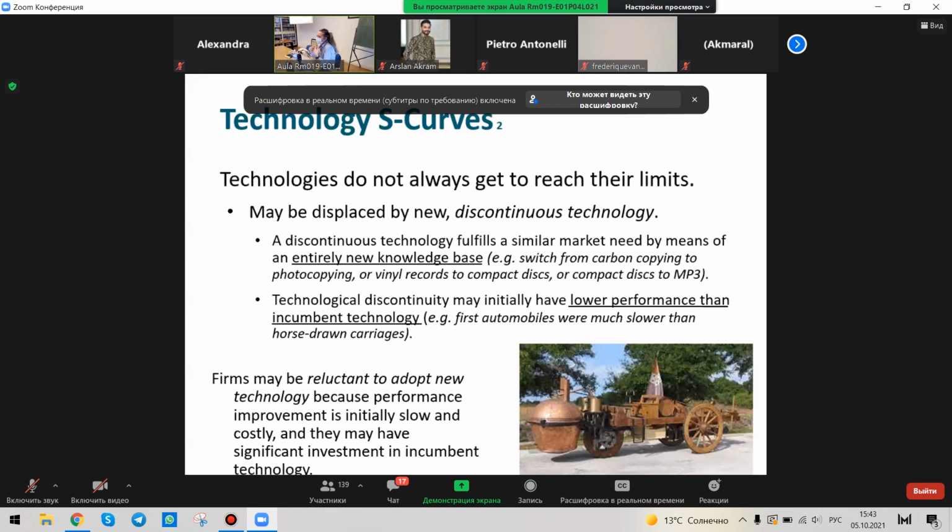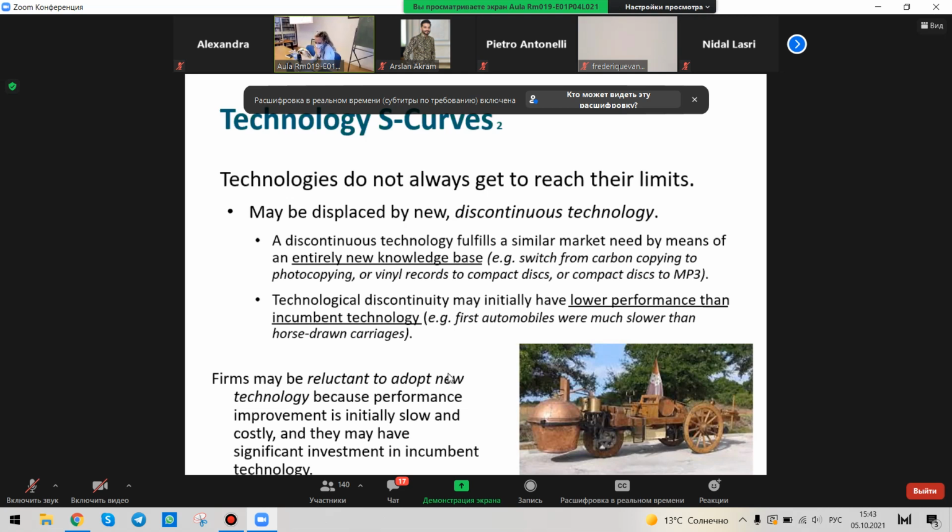So if I am focusing on an existing technology and maybe working on process or product innovation to improve that specific knowledge and that specific innovation, I may be reluctant to adopt a new technology that of course implies new investments, new research, new knowledge, and starting again on the market by proposing a new technology, okay?